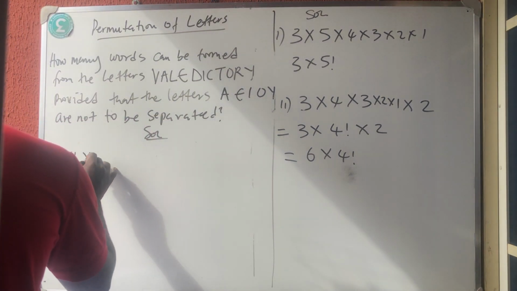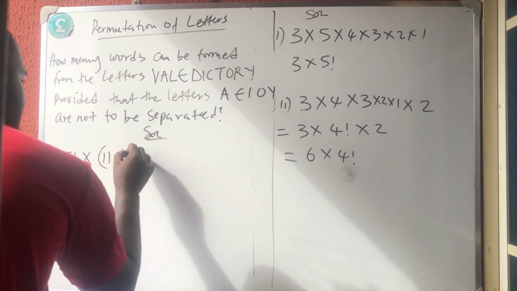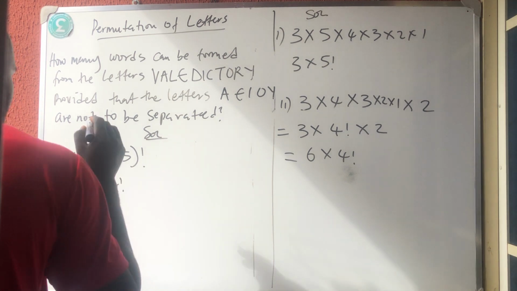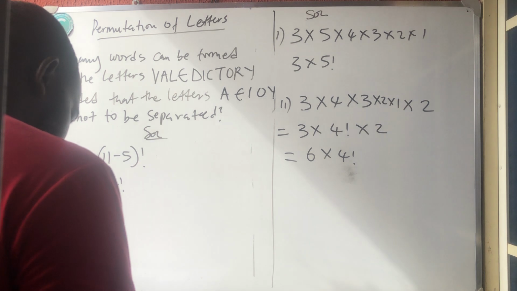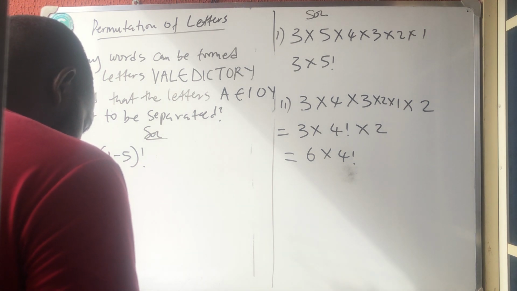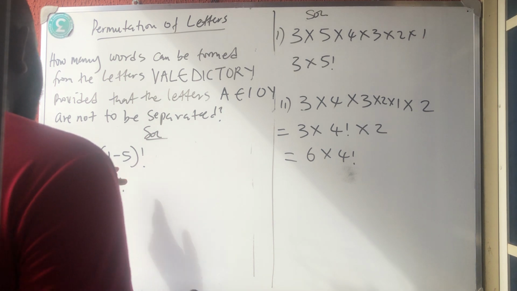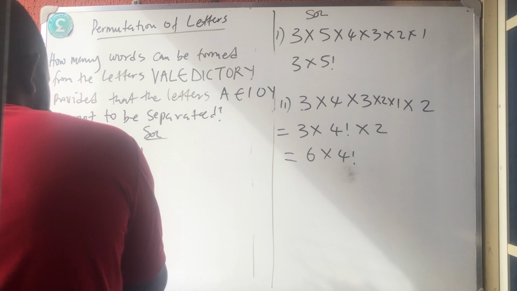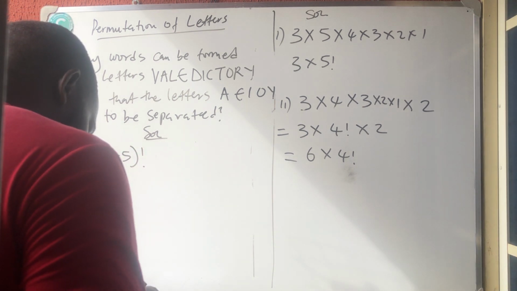So the remaining should be 11 minus that 5 that I've already taken, factorial. Sorry, this minus this is not 5, it is 6 now. So my answer is simply 5 factorial, 6 factorial, okay?